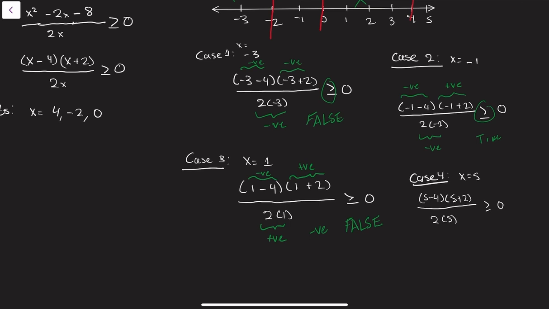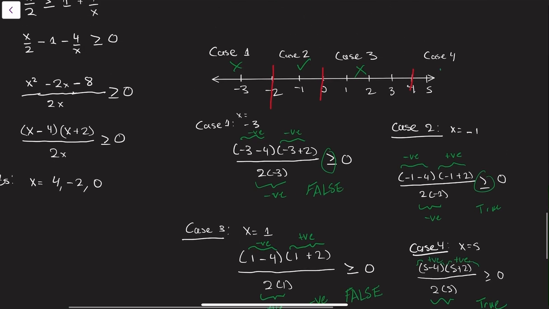Well, it turns out that this is positive, this is positive. When I say this, I'm talking about this root, and that root, and that on the bottom is all positive. Positive multiplied by positive is positive, divided by positive is a positive value. All positive values are greater than or equal to 0. So we know that this is true. Put a check mark here.